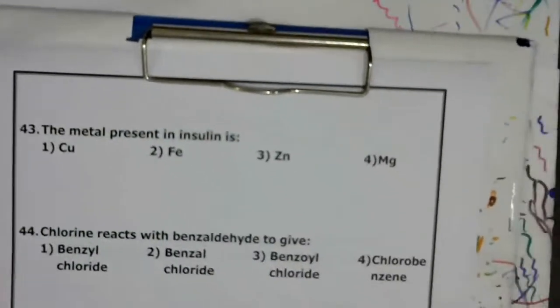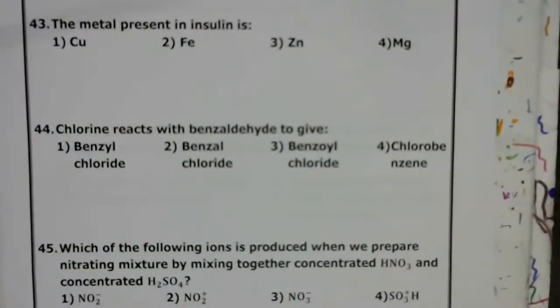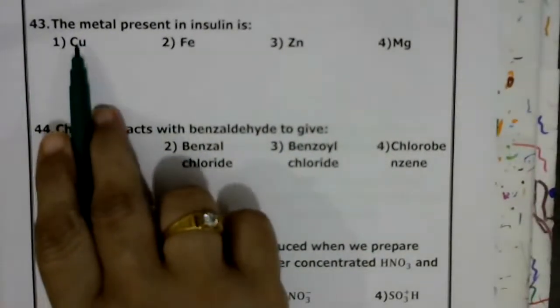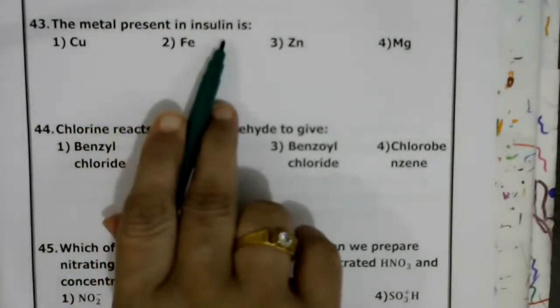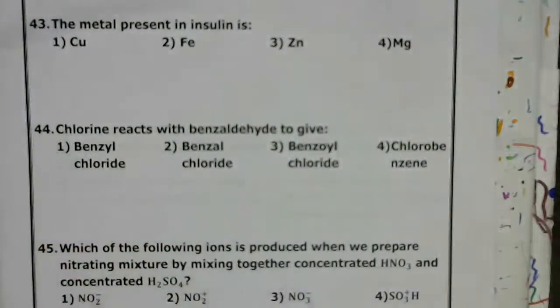Question number 43. The metal present in insulin is, remember one thing, the D block metal atom. Most of the D block metal atoms behave as a central metal atom in biomolecules.